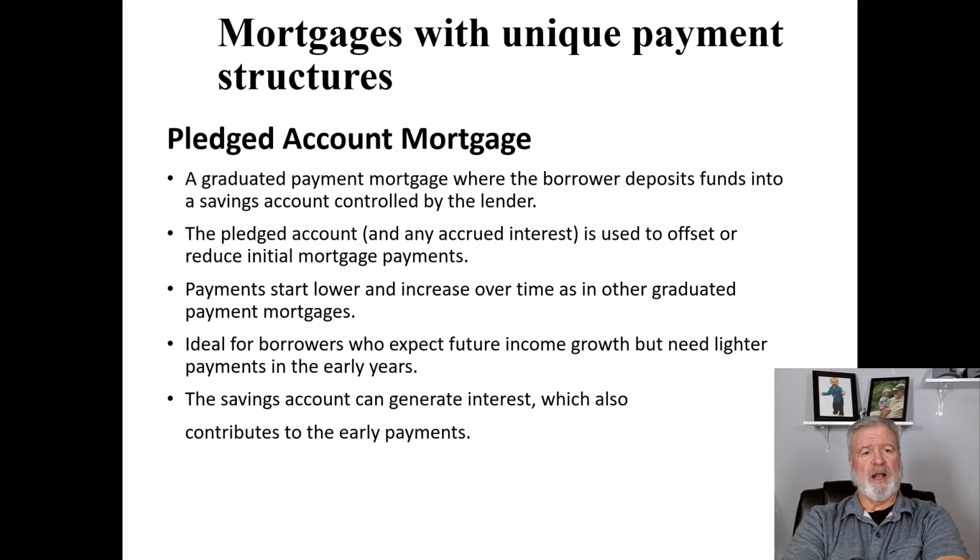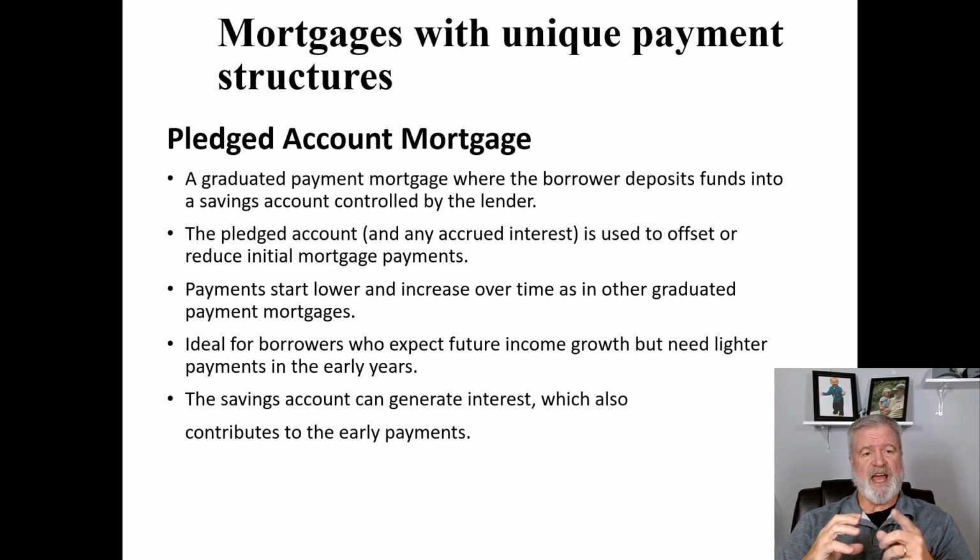You could have a pledged account mortgage. I don't really care for any of these, to be honest with you, but how does a pledged account mortgage work? It says here the borrower will deposit funds into a savings account, which the lender will have control over.